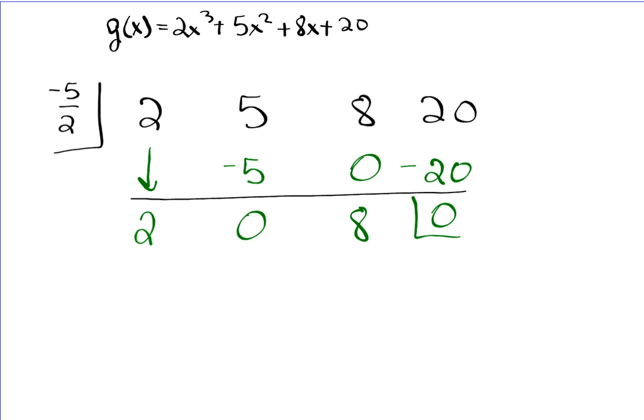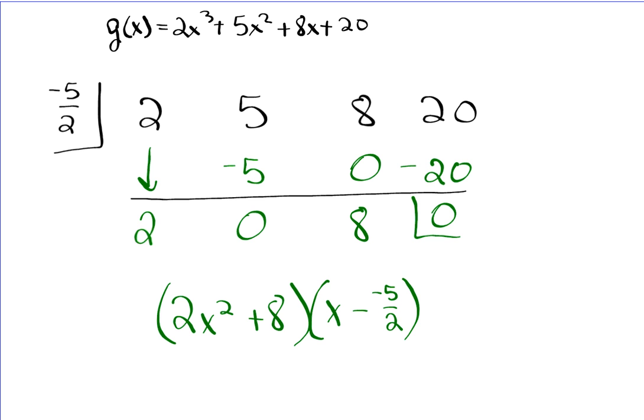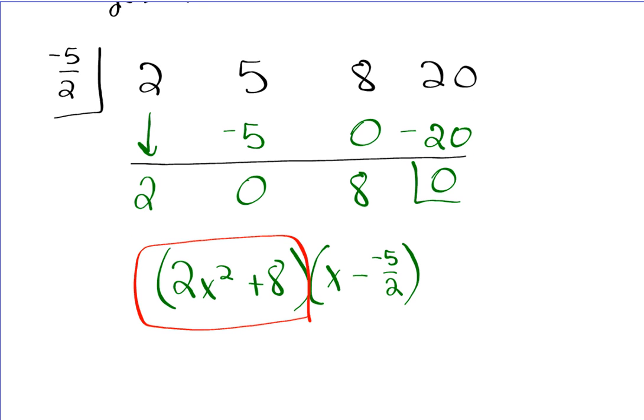So this says I have 2x squared plus 8 is one of my factors, and this other one is x minus negative 5 halves. Now, because this is a quadratic, I suggest using the quadratic formula to go ahead and find the other two possible x's, and that's going to turn into 2 times x minus 2i, x plus 2i.